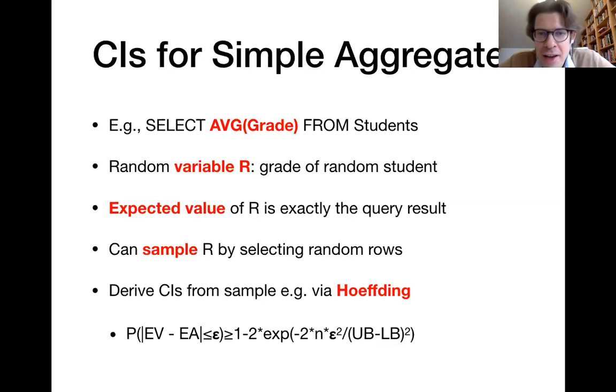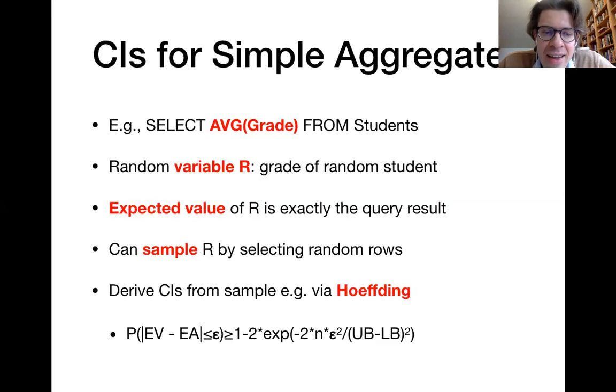So here we are calculating the average of the grades. And if we have introduced this random variable, which represents the grade of one uniformly randomly selected student from that table, then the expected value of that variable corresponds exactly to the query result that I'm looking for.